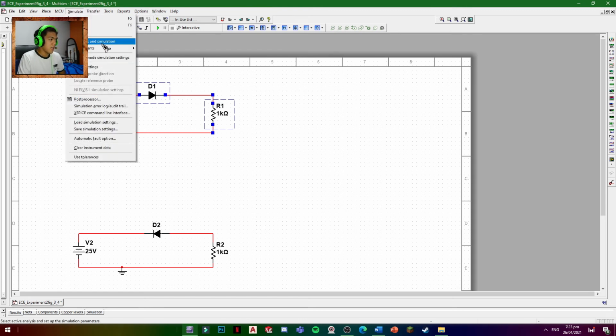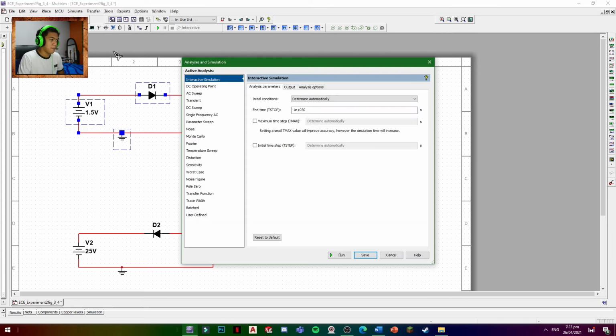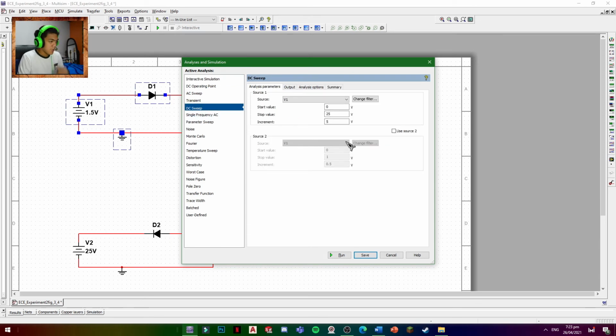Then go to analysis and simulation, then go to DC sweep. As said earlier, the stop value is 1.5 and the increment or the interval is 0.1. Let's check if the source is V1. Okay.